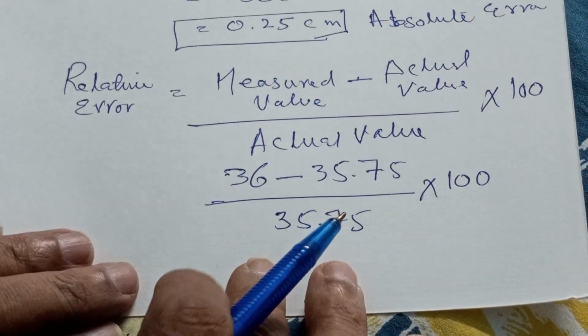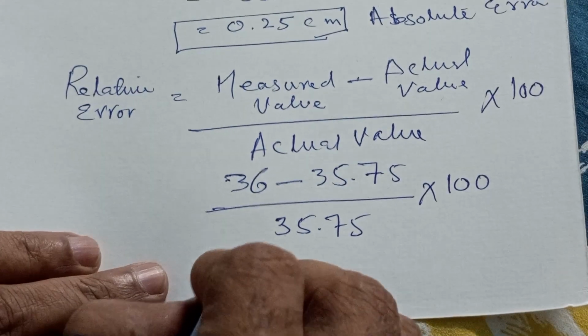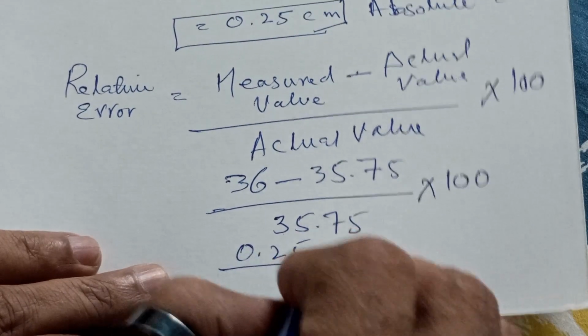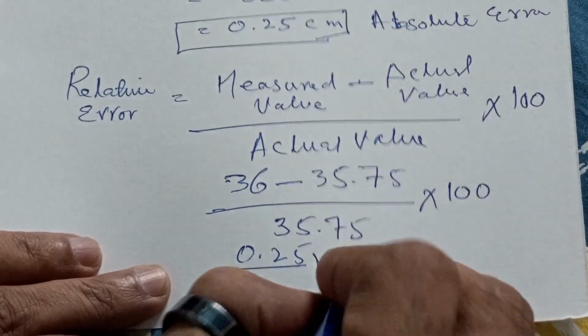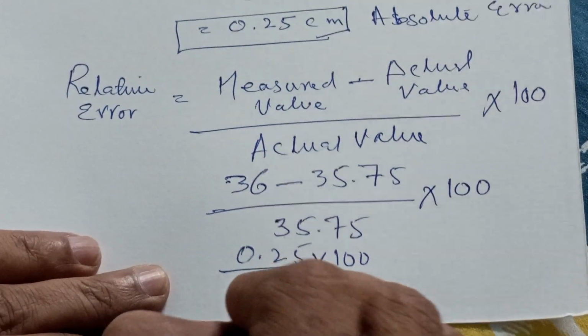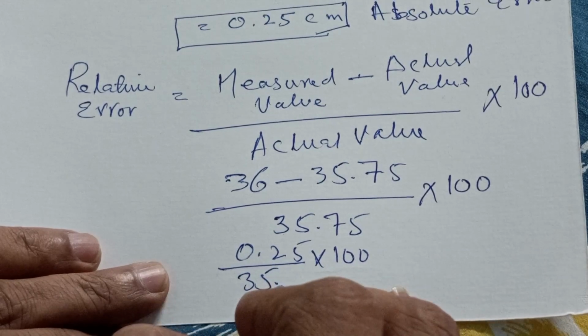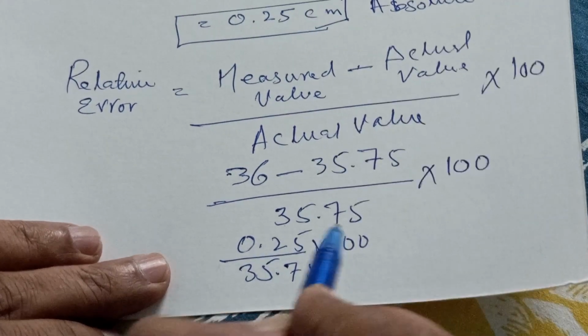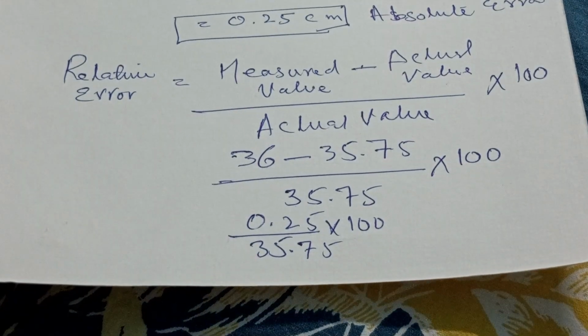So you can see here it will be 0.25 into 100 divided by 35.75.